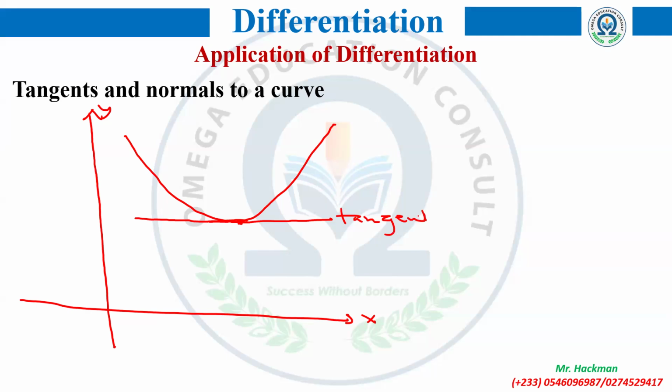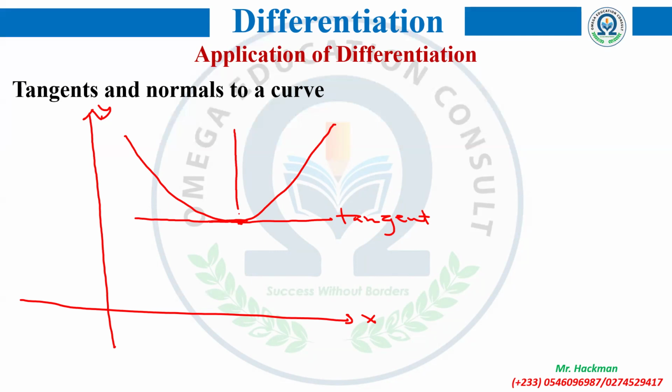So this becomes my tangent. And the normal to a curve at a point will be any line that meets the tangent at that point at an angle of 90 degrees. So any line that is perpendicular to the tangent at that point will be what we call the normal.